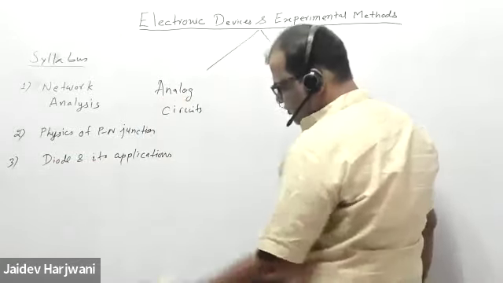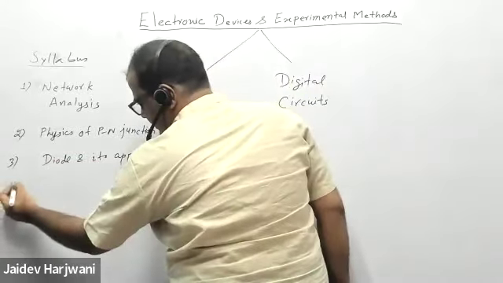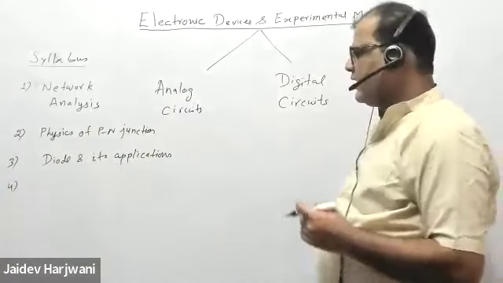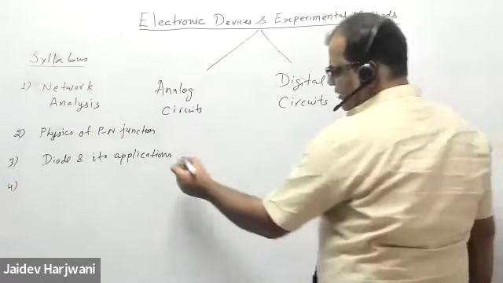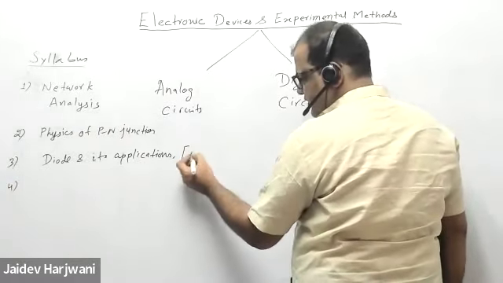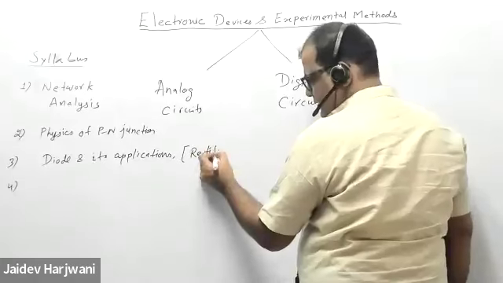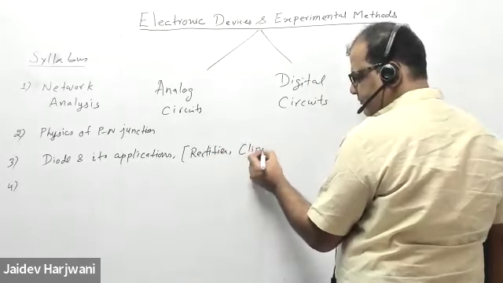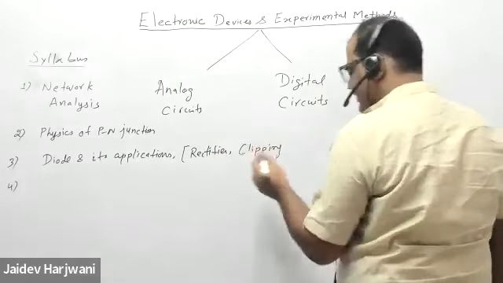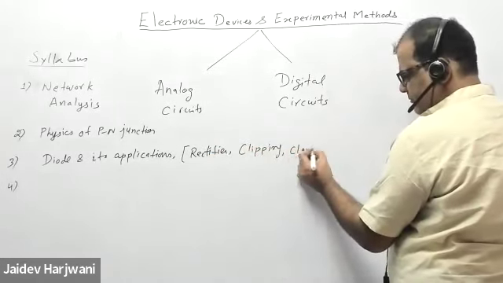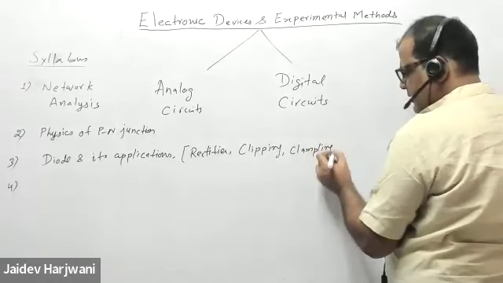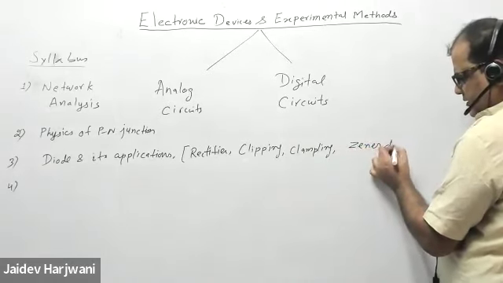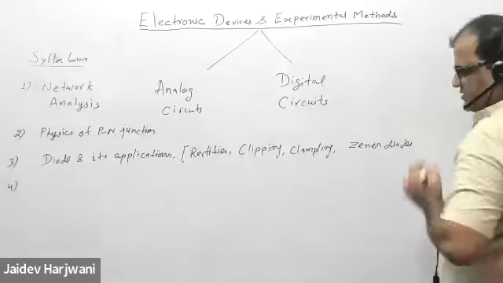Application means we learn how to deal with a diode in a circuit, and applications will be like rectifier applications, clipper circuits, clamping, then you have the Zener diode. There are some special diodes also that we will discuss.